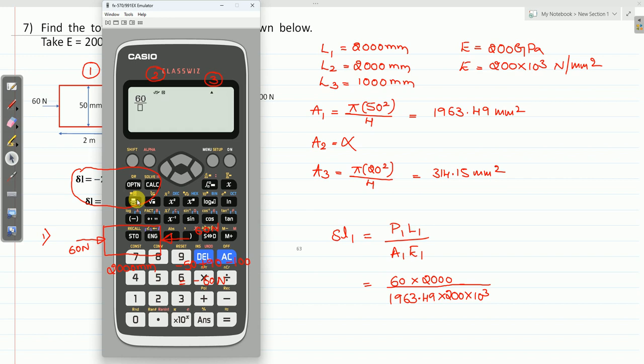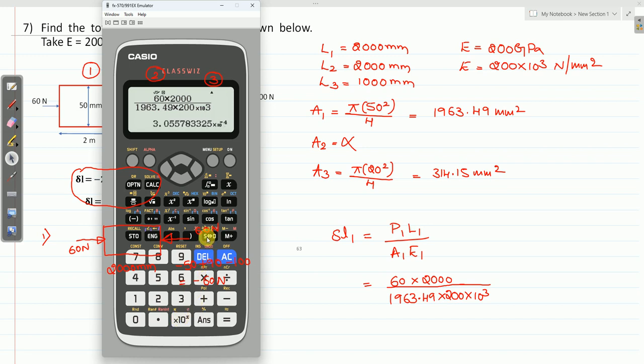Sixty into 2000 divided by 1963.49 into 200 into 10 raised to 3. You should be very careful while calculating.